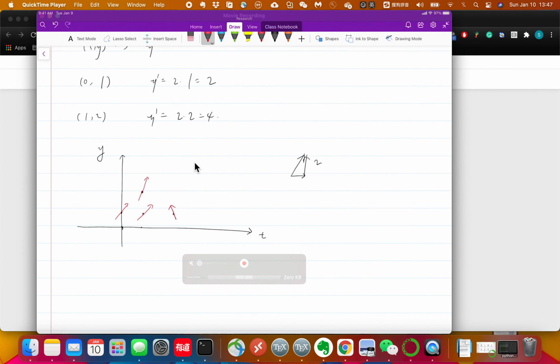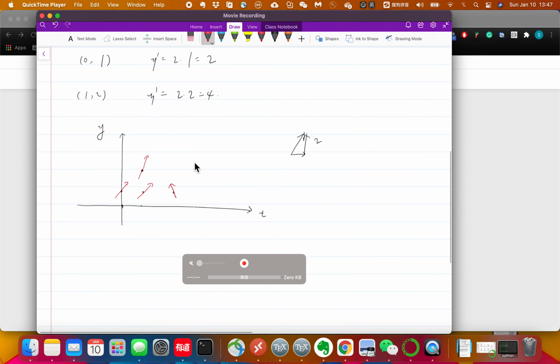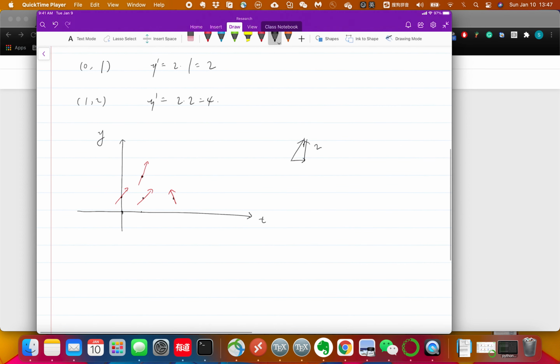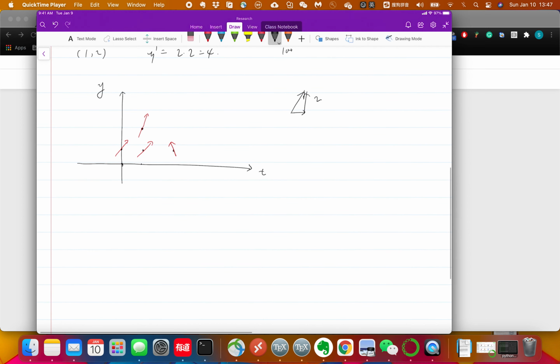Now, of course, another question. When you draw things like this, you may have some difficulties. For example, if the derivative changes very much, at some point the derivative is going to give you 100, at some point the derivative is going to give you 0.1. If that happens, this one is going to be almost flat, and this one is going to be almost vertical. This one is going to be way longer because the vector is way bigger, but this one is way shorter.